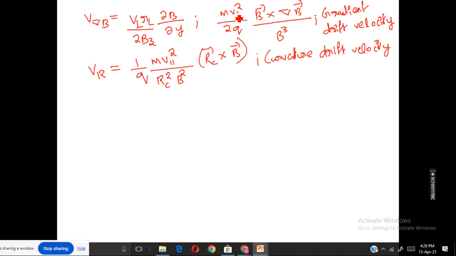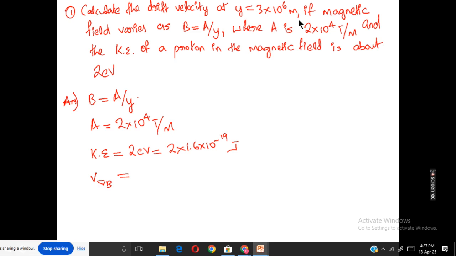This is a generalized form: m v perpendicular square by 2q into B cross del B by B square. Here in this case, we will use the simplified form.